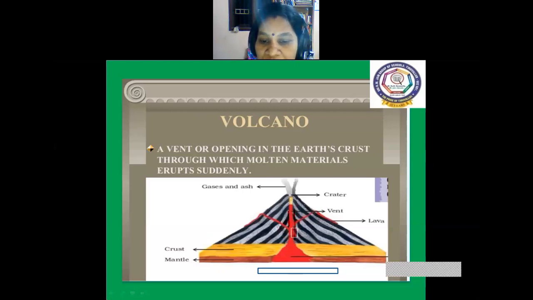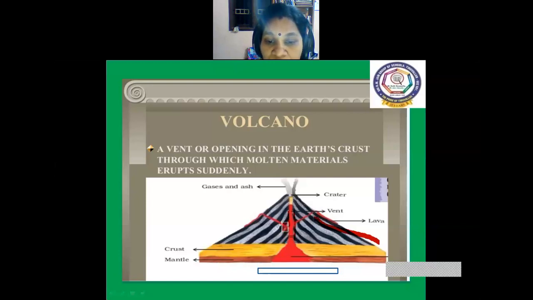See, the lava is erupting and going. This is the surface, this is the crust and this is the mantle. I showed you in the first picture, the crust is the topmost layer of the earth, and this one is the mantle. From the mantle, the hot liquid fluid, the magma, is coming out.